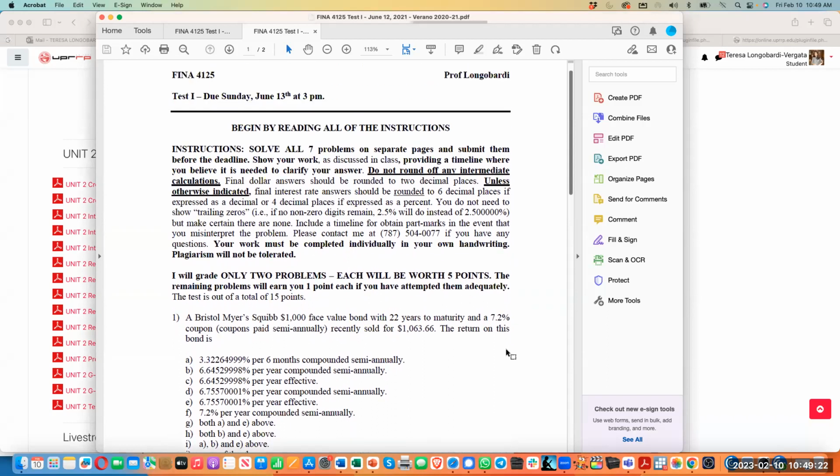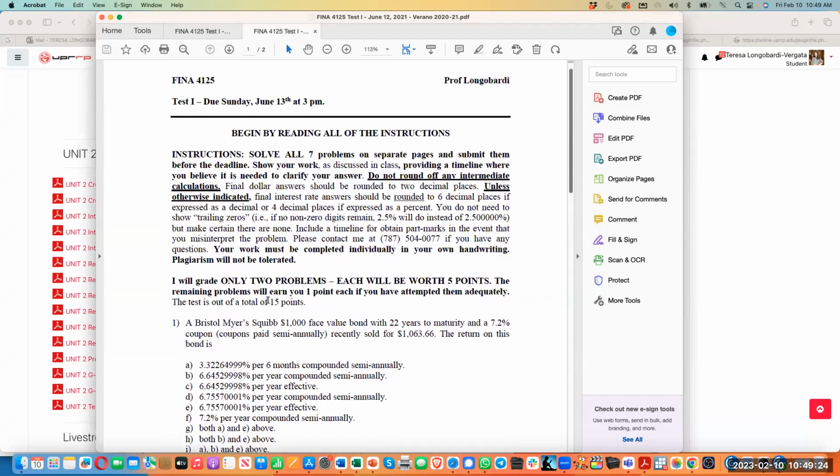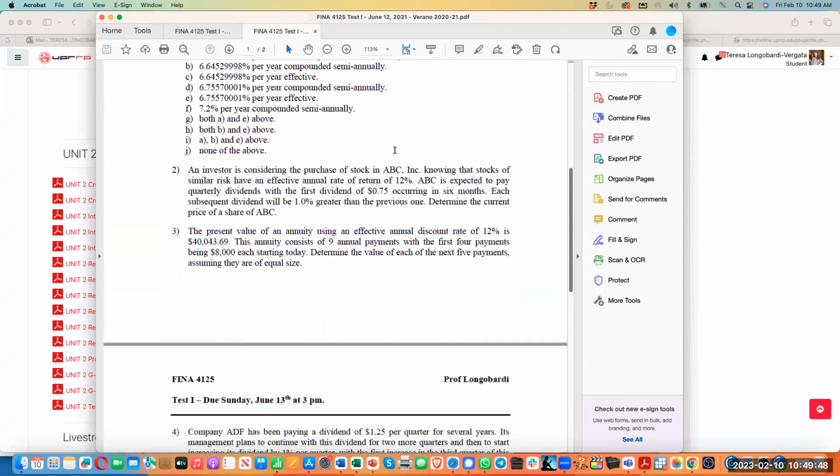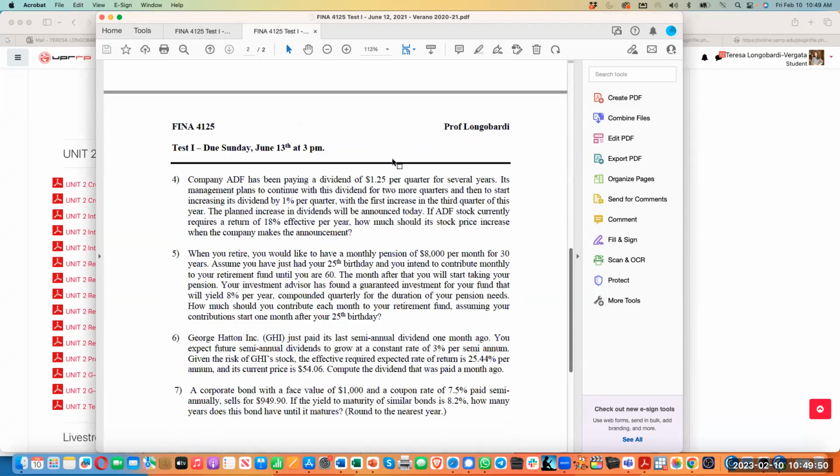This was when I taught virtual, and it was in the summer, so I only had 3 weeks and no time to grade anything. What the test says is to solve all 7 problems on separate pages. I didn't have a choice on this one. You see, some are multiple choice, some written.